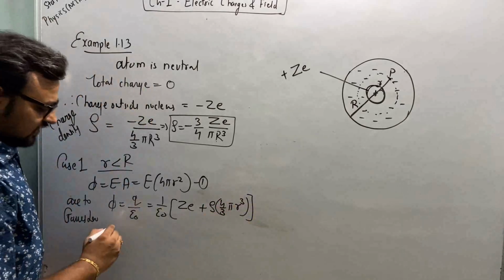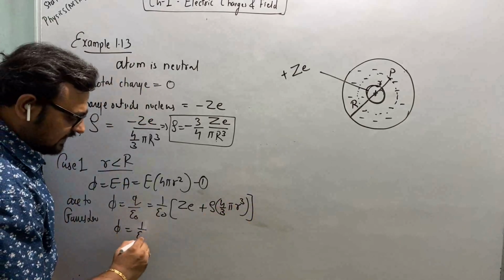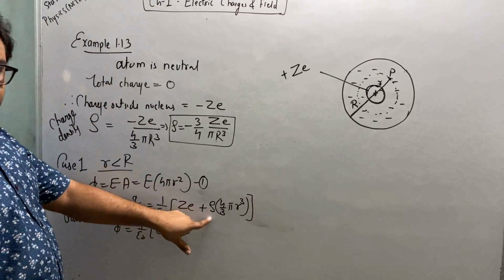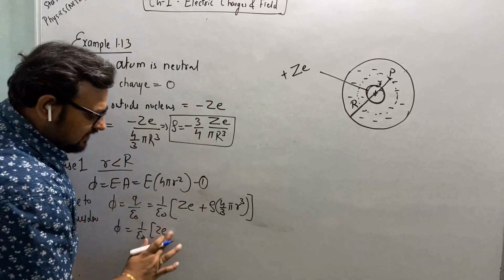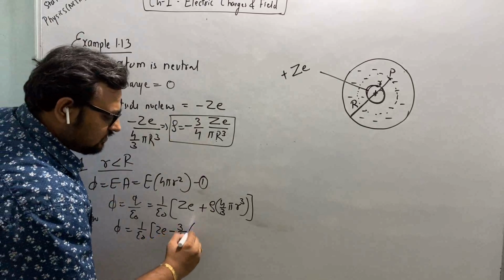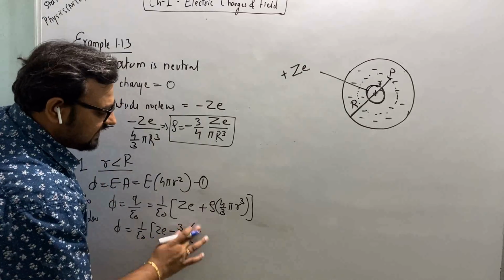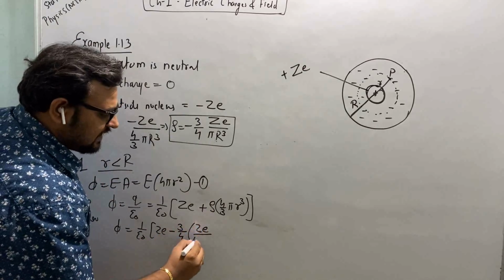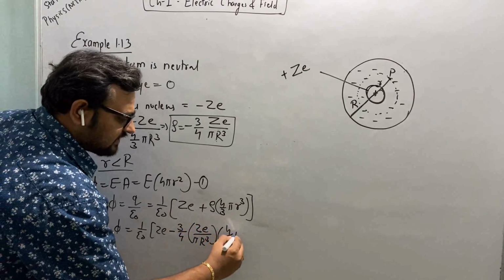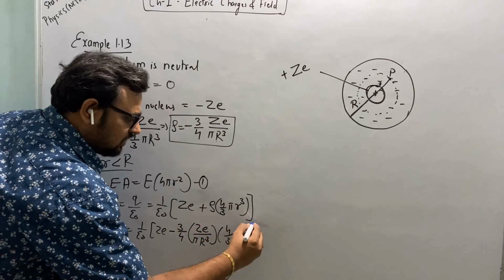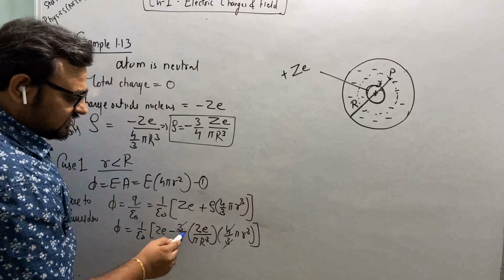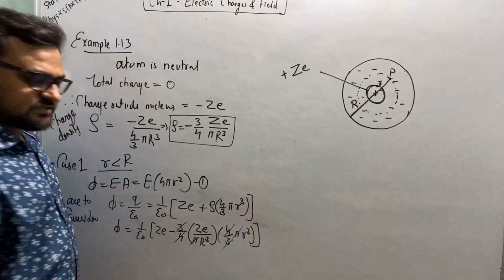So flux will be equal to 1 by epsilon 0 times Ze plus, now let's put the value of charge density, minus 3 by 4 Ze by pi capital R cube, into 4 by 3 pi small r cube.